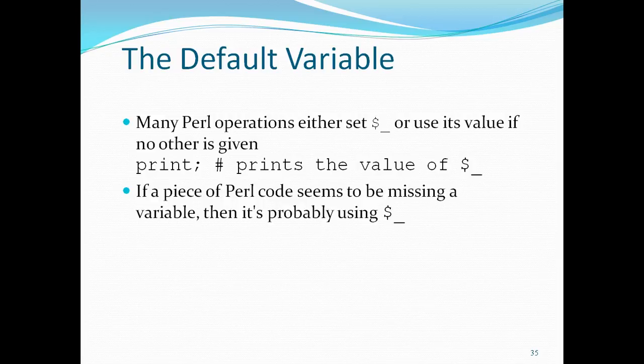If a piece of Perl code seems to be missing a variable, then it's probably using dollar underscore, we can assume. So if you're doing some operations and you're not using any variable for this, and you want to print it, then you can use the dollar underscore symbol so that it gets printed onto the screen output. Okay, let's see in a sample example how we use this.